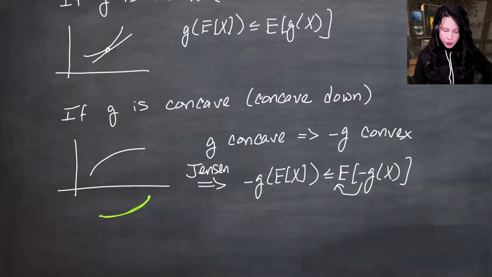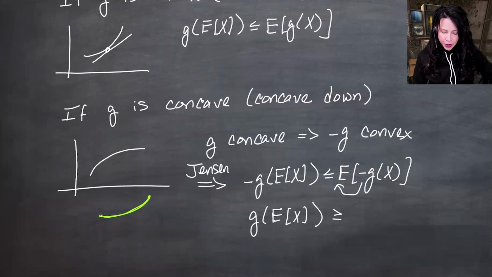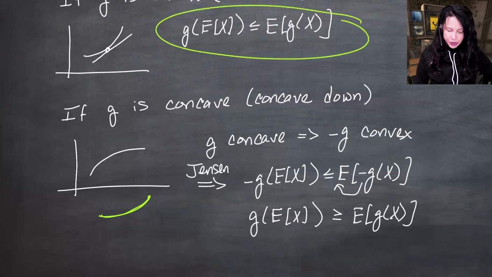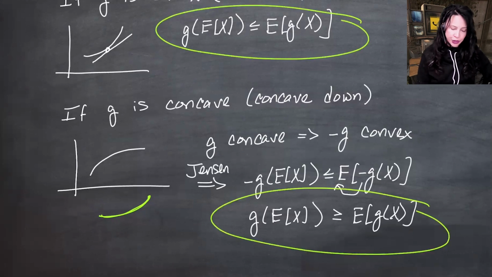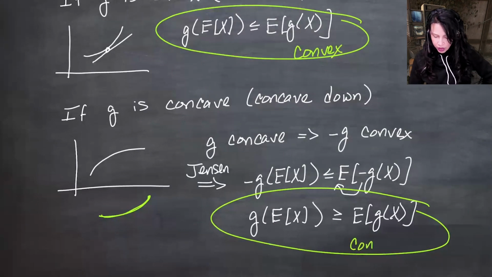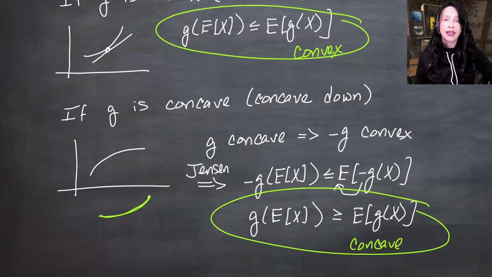That will flip the inequality. So we'll get G of the expected value of X is greater than or equal to the expected value of G of X. So here's the original Jensen's inequality. This is another version. This one is for convex or concave up functions, and this is for concave or concave down functions.